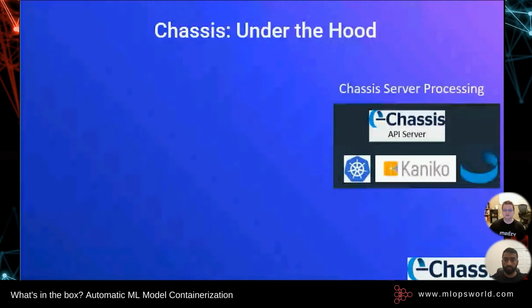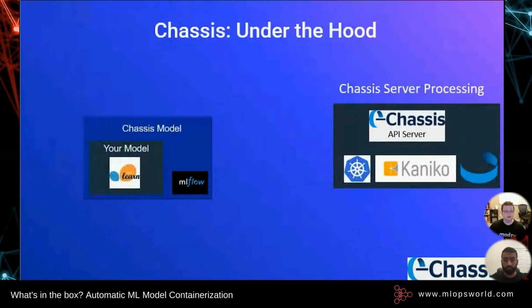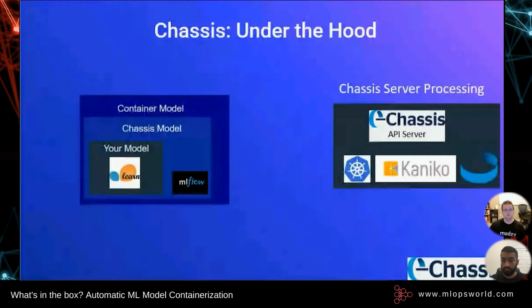And then on the server side, your model is pulled apart again, okay, from the data inside the request. And it reconstructs your model wrapped inside of that chassis model, okay? Then it wraps it further in one additional model, okay? And that additional model adds additional functionality that we expect for all models to have in general in the wild.